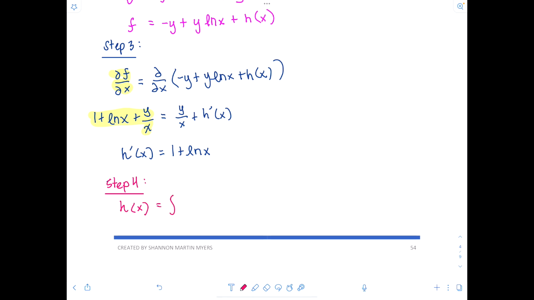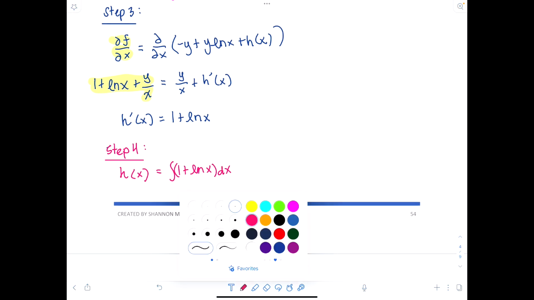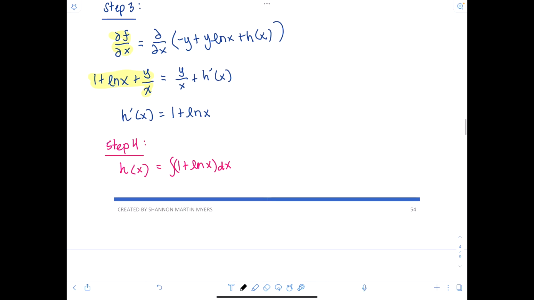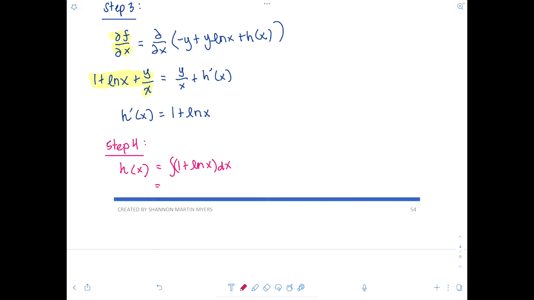And then we'll have the integral of 1 plus natural log of x, that quantity, times dx. All right, don't forget all of your wonderful math skills from before. We've got an integration by parts problem for part of it. So this is going to be x plus the integral of natural log of x dx.